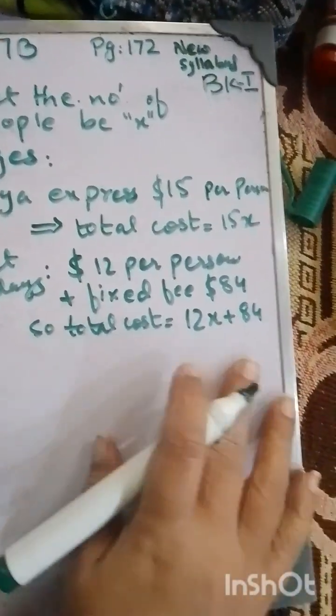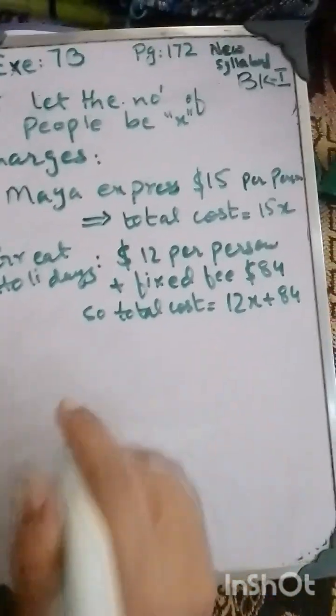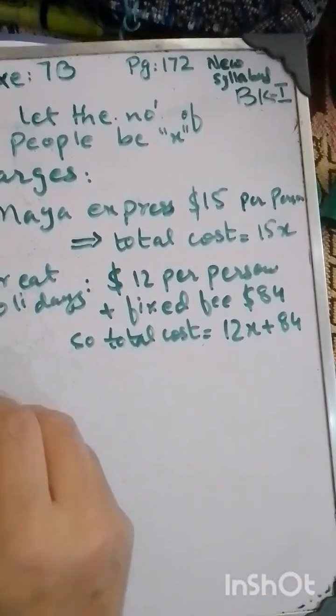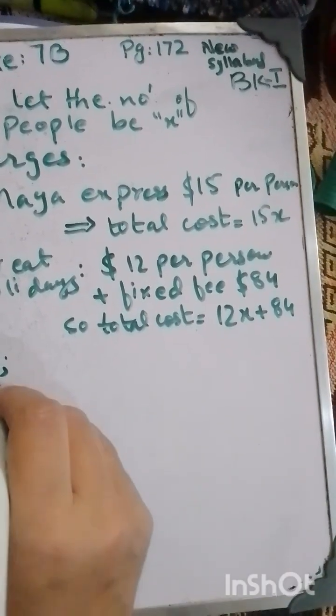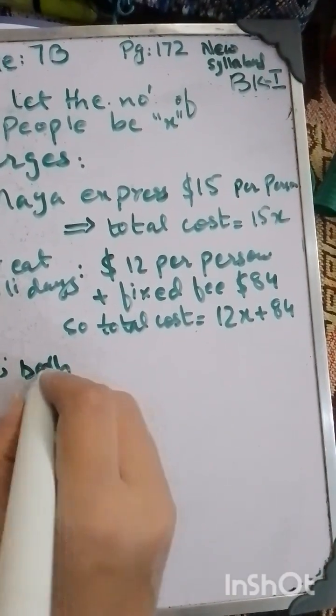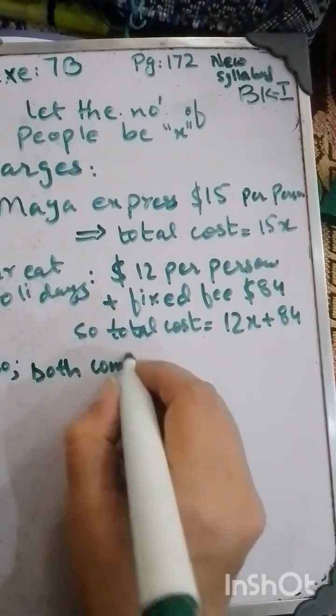So $12 per person plus a fixed fee, that is $84, is 12x plus 84 simply. The next is, we are going to compare the total cost of both the companies.